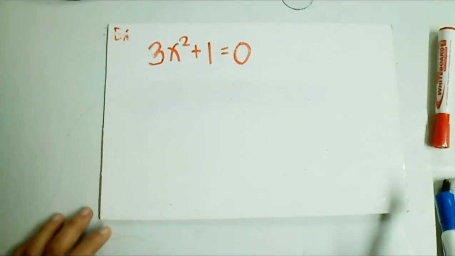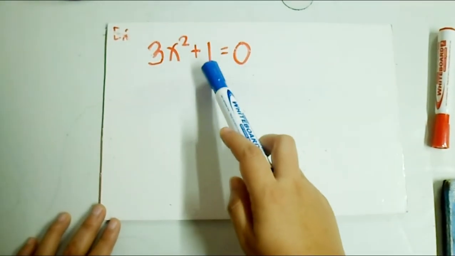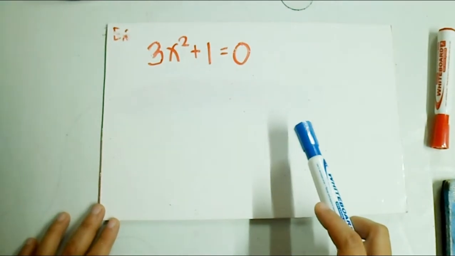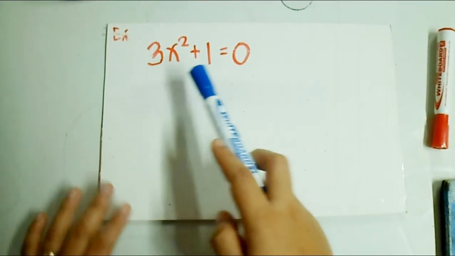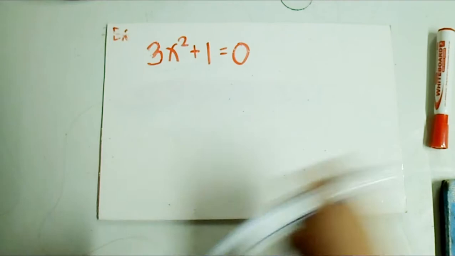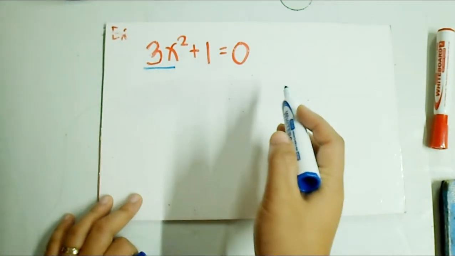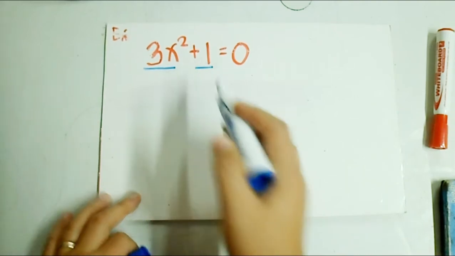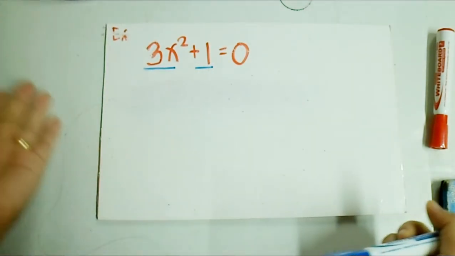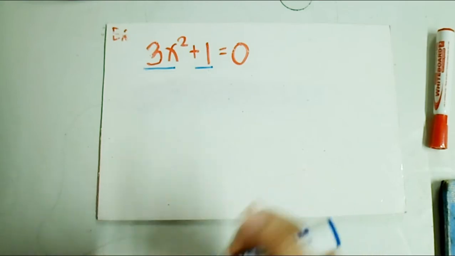For our next example, we have 3x squared plus 1 equals 0. Now this is already in the standard form. We have here the quadratic term and the constant term. Notice that we do not have the linear term.